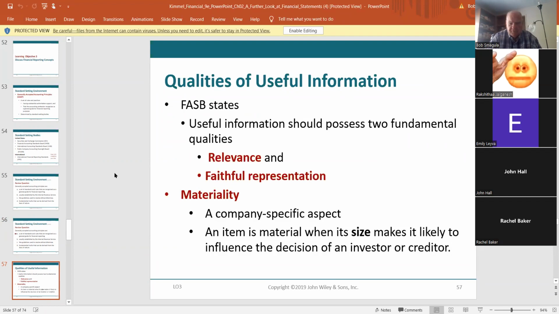Let's look at the one called materiality. That's the one I like. Any item is material when it's big enough to maybe influence the decision of an investor or creditor. The auditors are checking your inventory, and you counted $1,800,000 in your physical inventory.